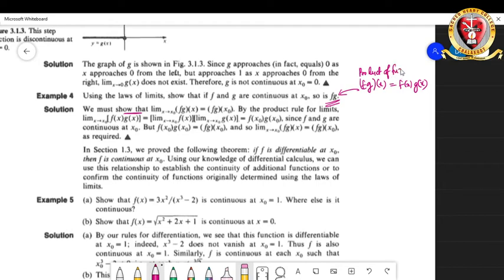So here we are saying that the product of two continuous functions will in turn be continuous. So that's the logic we are having. What we are proving is that the product of continuous functions will be continuous.